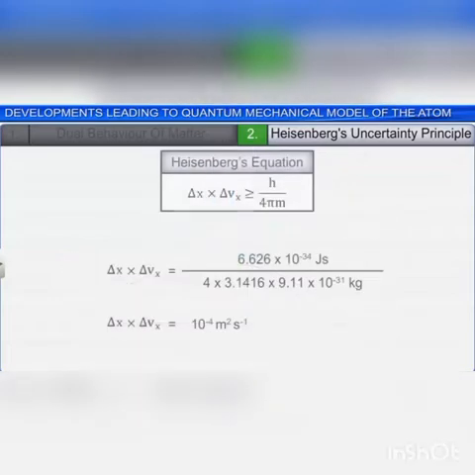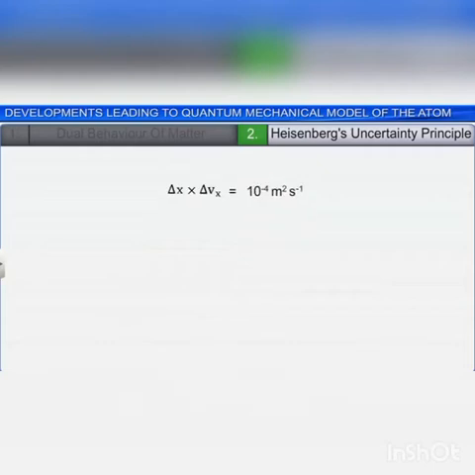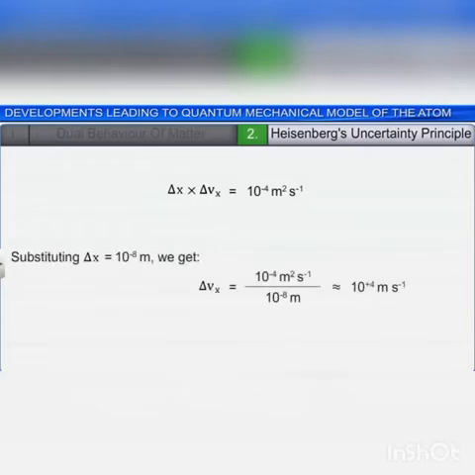As we have already calculated, for an electron, the product of delta x and delta v is found to be equal to 10 raised to the power minus 4 square meters per second. Therefore, the uncertainty in velocity can be calculated by substituting the value for delta x, say 10 to the power minus 8 meters, in Heisenberg's equation.